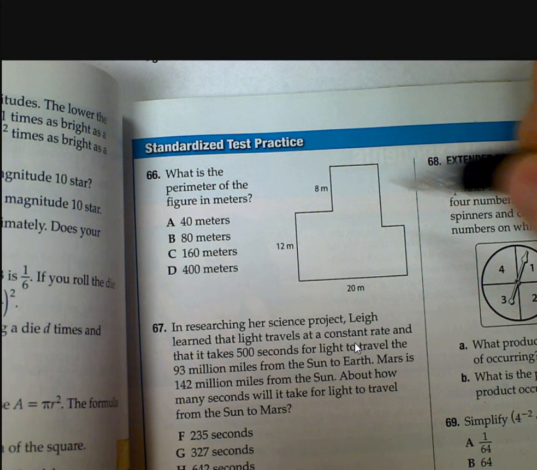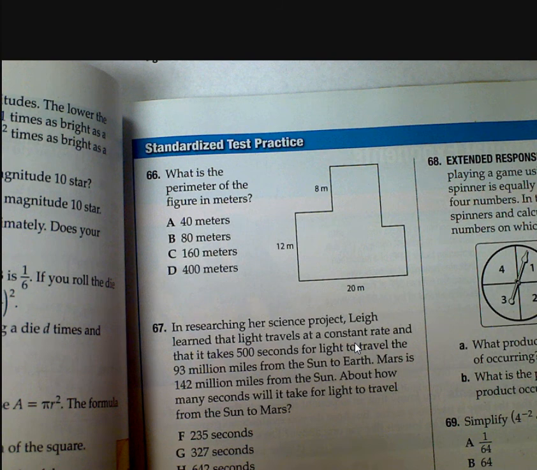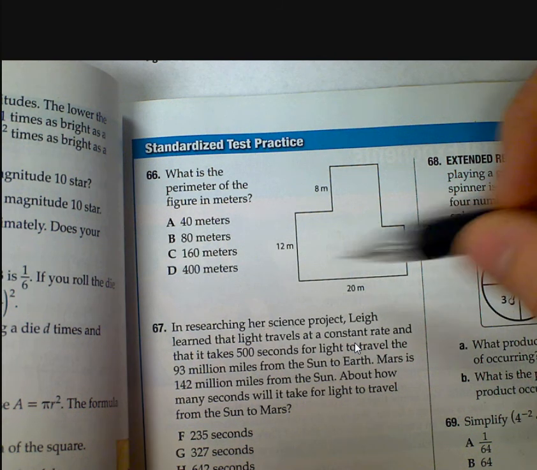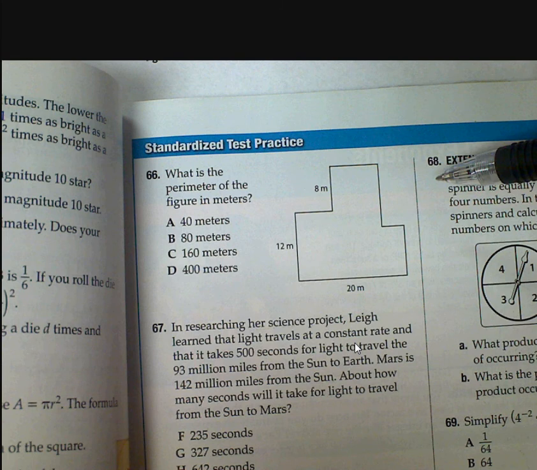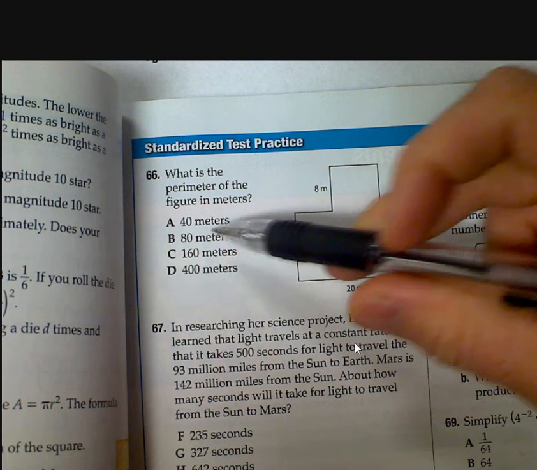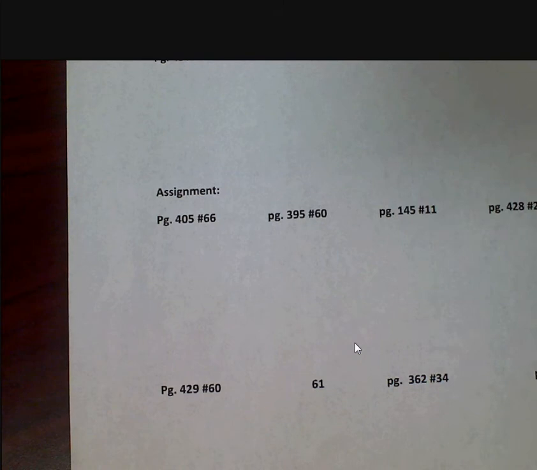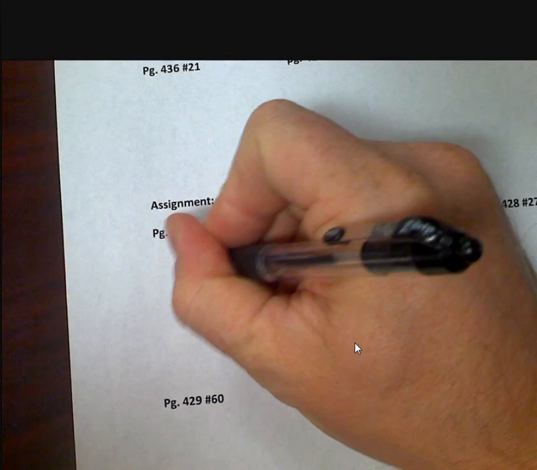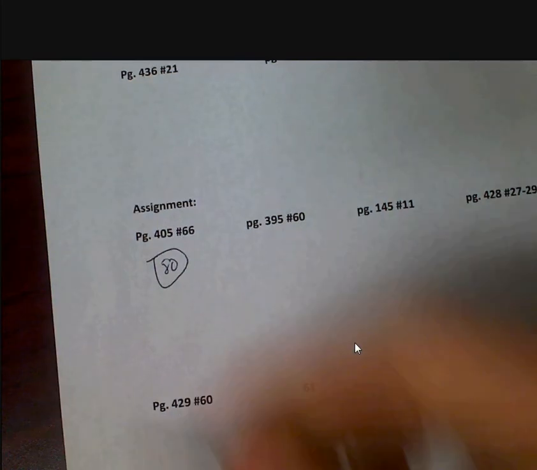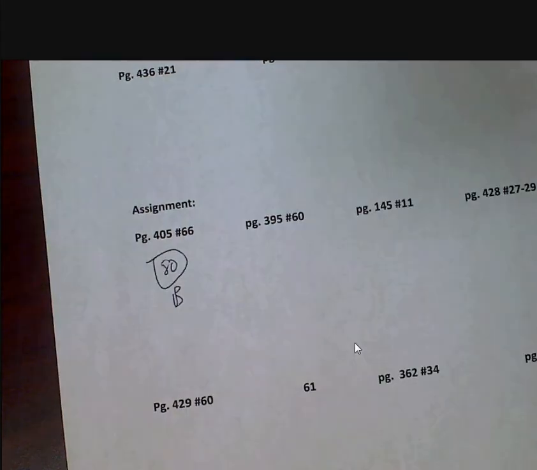So it seems like everything has to be 20. 20 plus 20 plus 20 plus 20, that's 20 times 4, which is 80. Which is letter B.